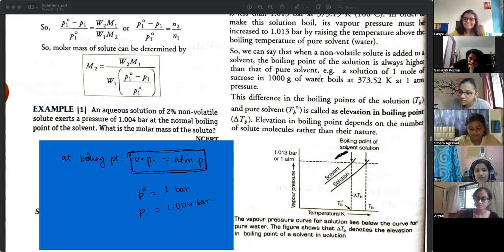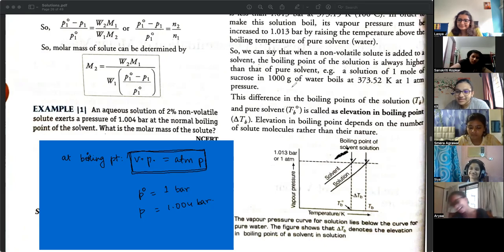I don't understand. When it's boiling, the atmospheric pressure is equal to the vapor pressure. The atmospheric pressure is 1 bar. That's why vapor pressure also 1 bar. Where is it mentioned that it's 1 bar? Atmospheric pressure is 1 bar only. Okay, okay.